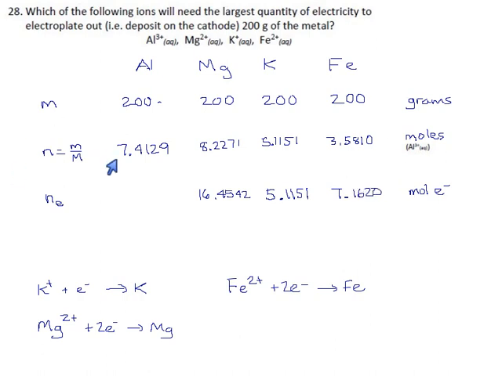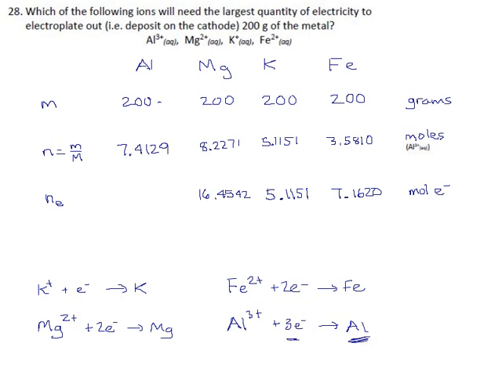And aluminum, the last one, really takes a lot of electrons because its charge is 3+. It requires 3 electrons to reduce a single aluminum atom. So however much aluminum you're making, you need 3 times that many electrons.